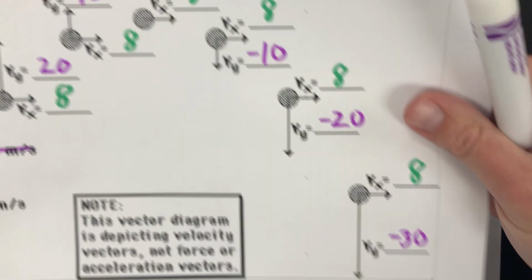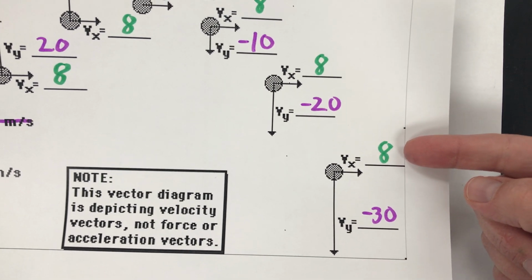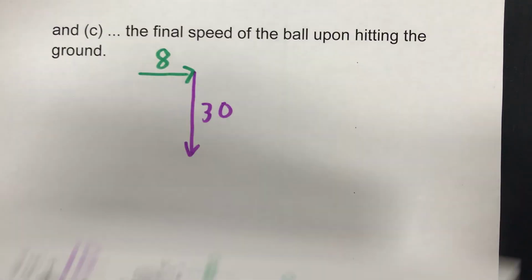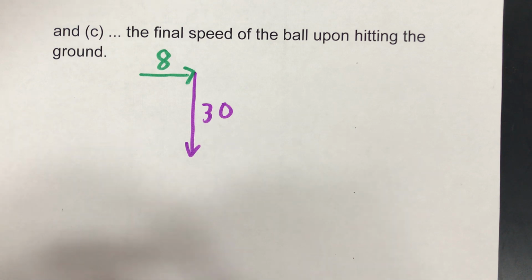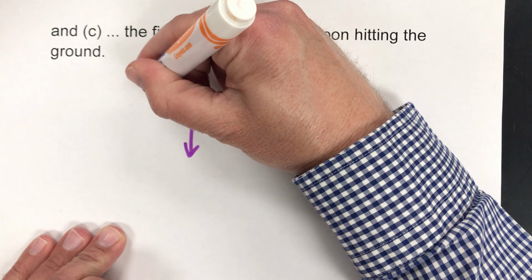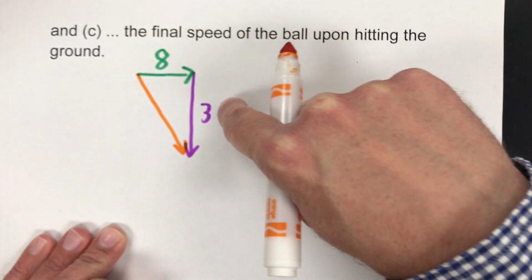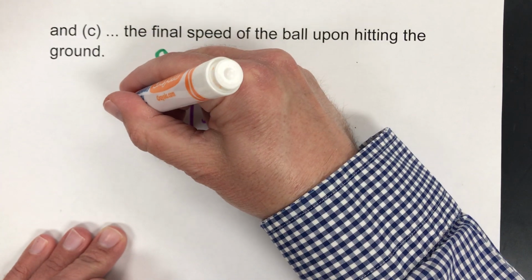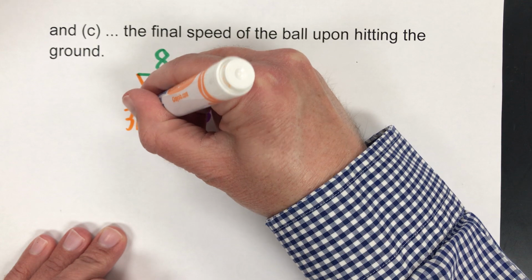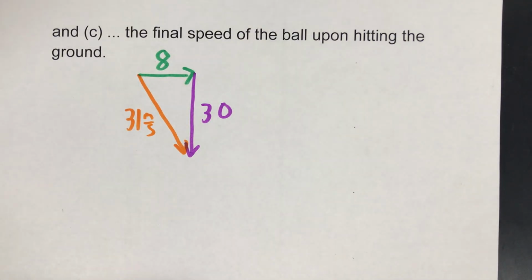Again, if you're wondering where I got those numbers, it's from right here. 8 meters per second to the side, 30 meters per second downwards. So how do we find the overall speed? Well, then we've got to do the Pythagorean theorem there. So 8 squared plus 30 squared, take the square root of that, and you'll get about 31 meters per second.